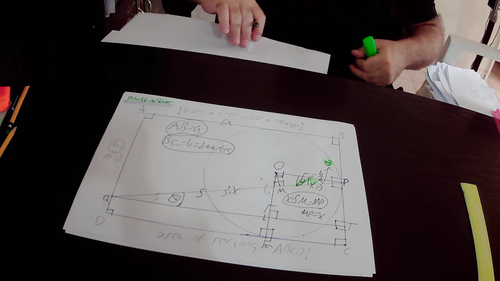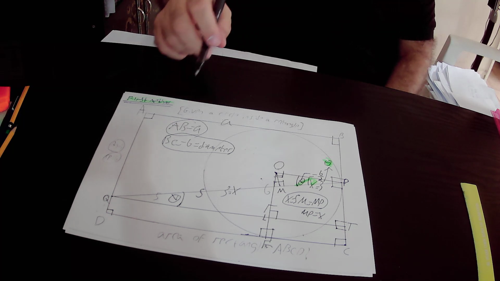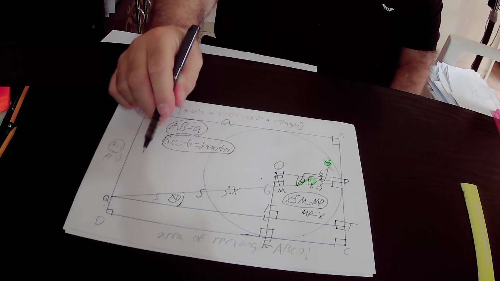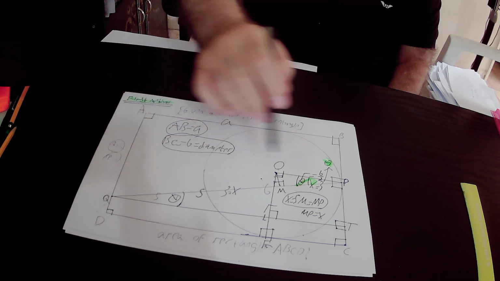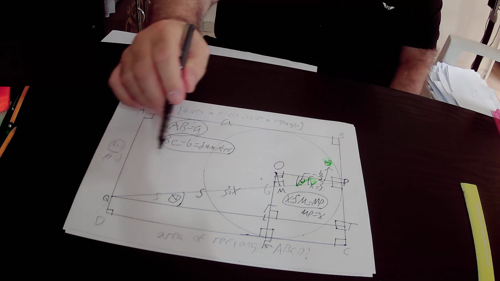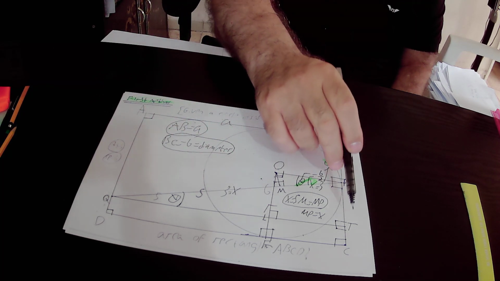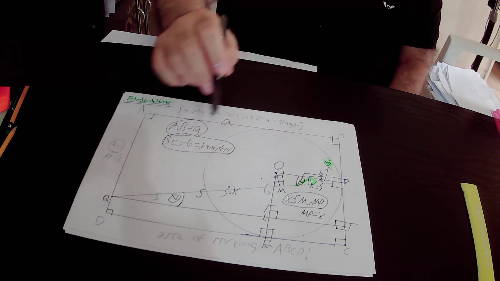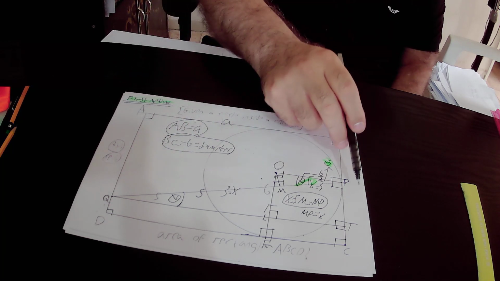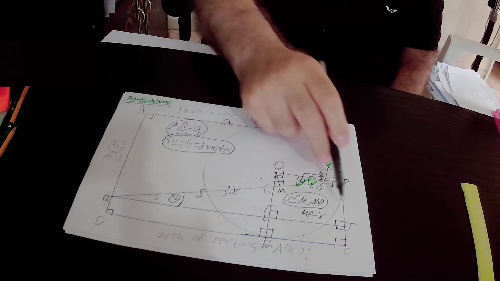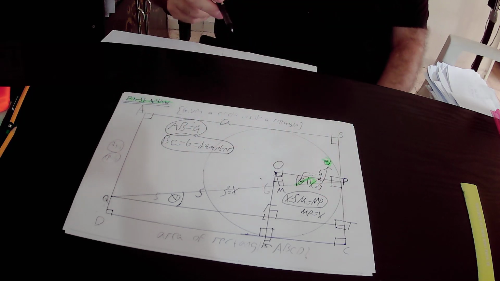In the next step, we'll focus on quadrilateral QTCD. In quadrilateral QTCD, we have 1, 2, 3 right angles.